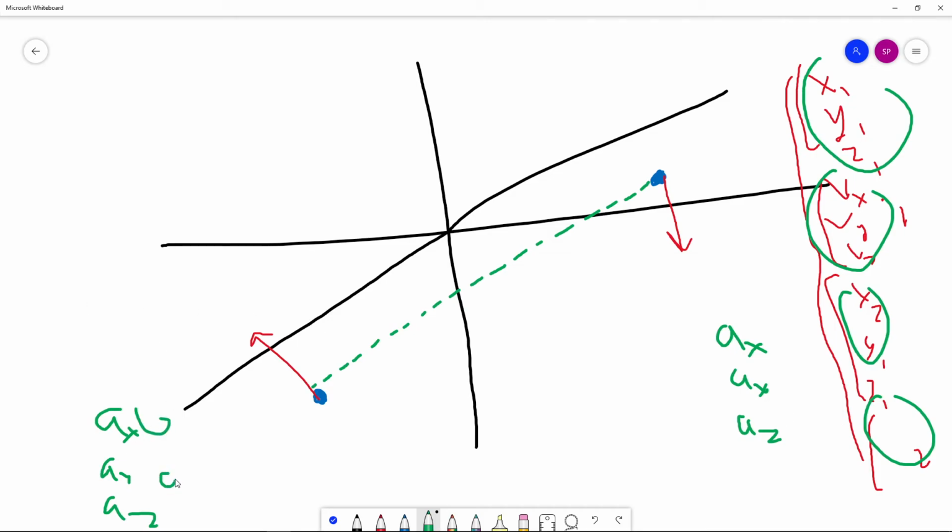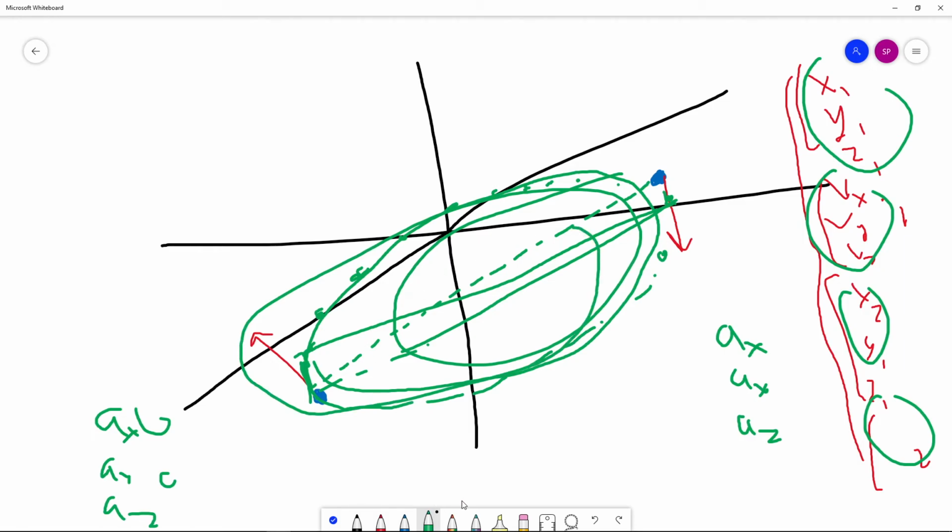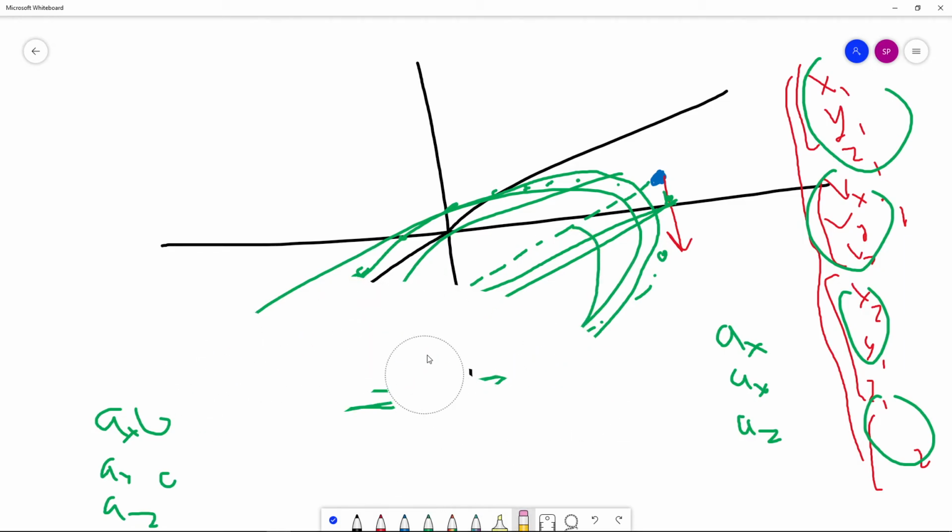After calculating this acceleration, I can know the new velocity, and by using that new velocity, I can know the new position, and by using this new position, I can calculate further new accelerations, then further new velocity, and further new positions, and by continuing in the same manner, I can predict the whole motion of the system, right? Whatever it may be.